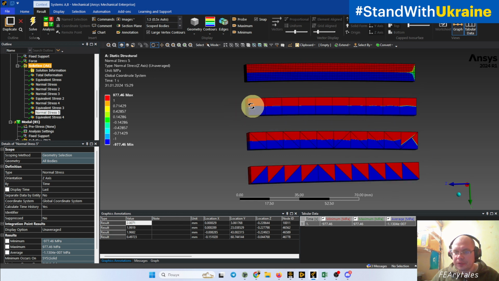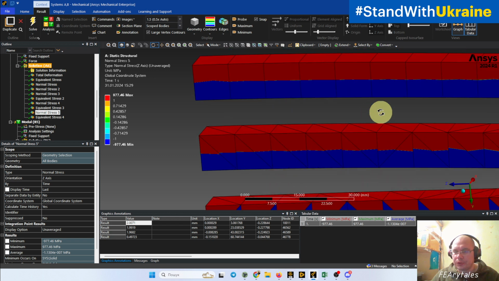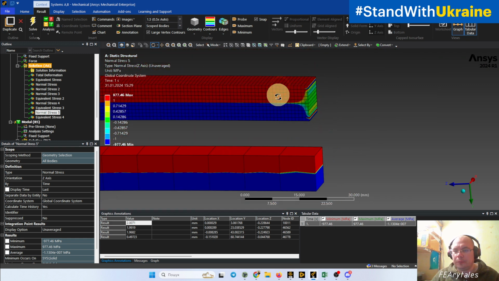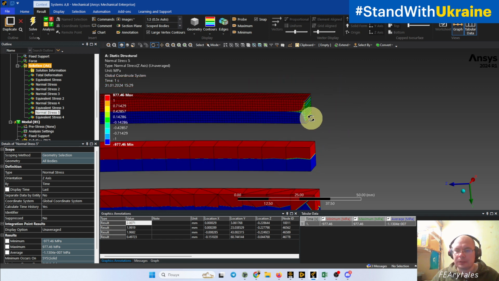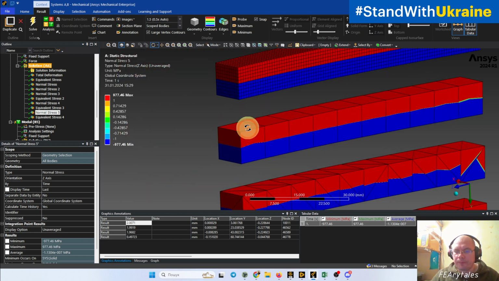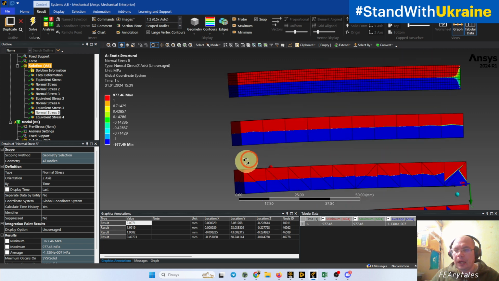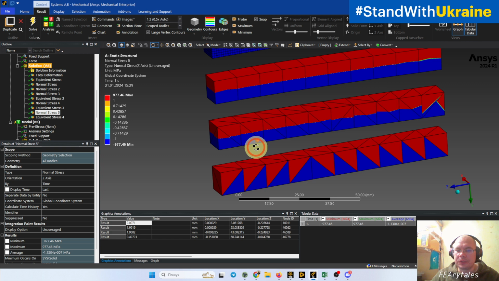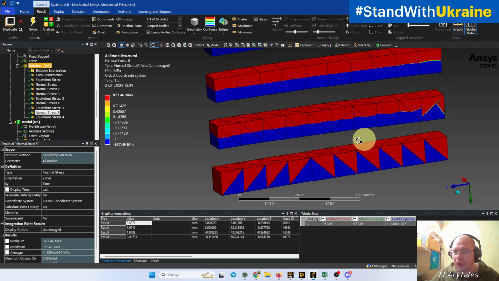And here we have the same situation, it's almost smooth, and here we have some additional problem. We can see it here also. So we can see that this hex element with linear behavior, with 8 nodes per element, is almost the same in quality and accuracy as this one, as nonlinear tetra.